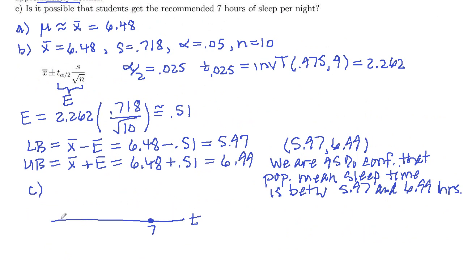So that interval, which is centered at 6.48 right here, goes from 5.97 up to 6.99. It's just shy of that 7 hours. So this is our confidence interval.